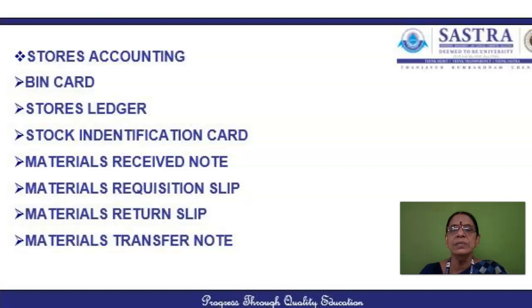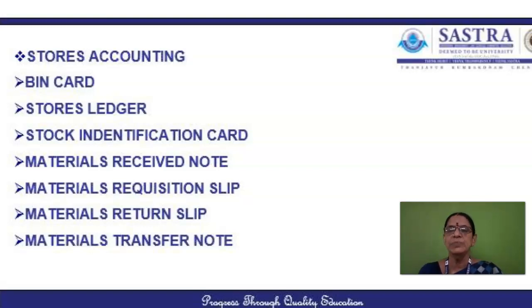Next comes the materials received note. When materials are passed on to the stores after the proper verification and approval by the inspection authority, the materials and supplies are taken into stock through a document called the materials received note or goods received note.